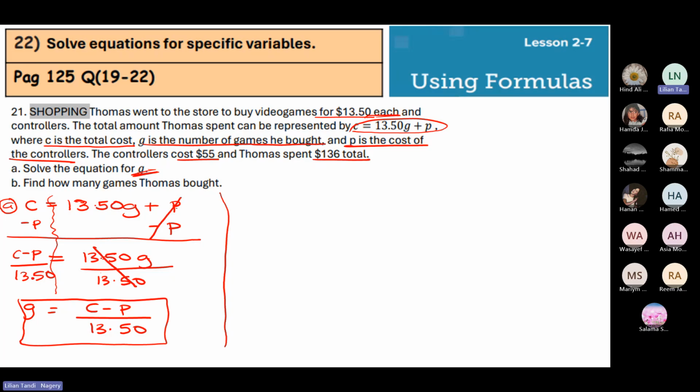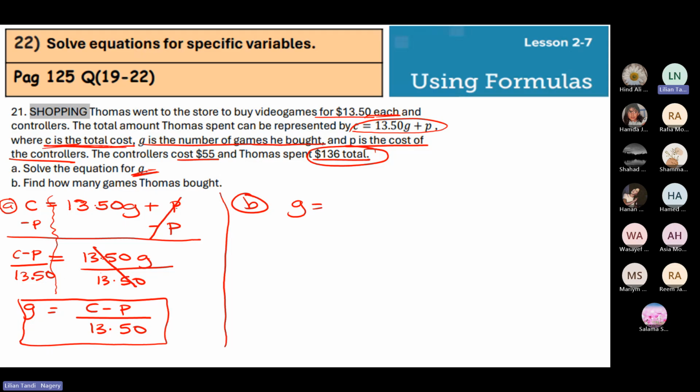Then the question says, how much was your total cost? 136. So you follow the formula. G equals the total cost, which represents C. How do I know?